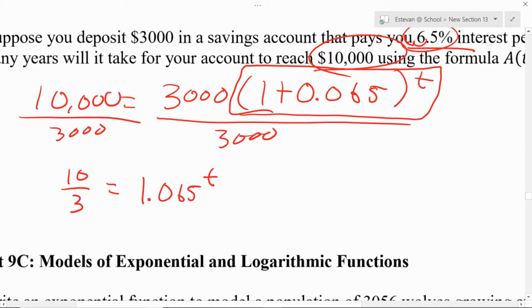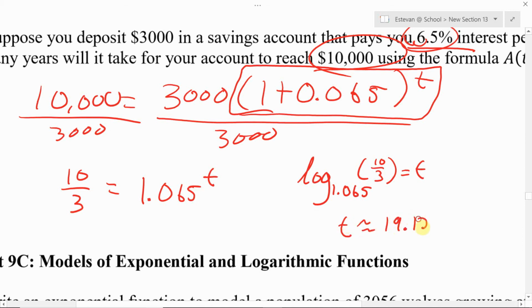Now that the base is by itself, I'm going to change the form to log base 1.065 of 10 over 3 is equal to t. Put that in the calculator and you get your time will be roughly 19.12 years.